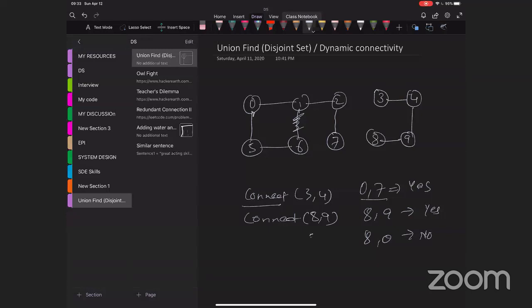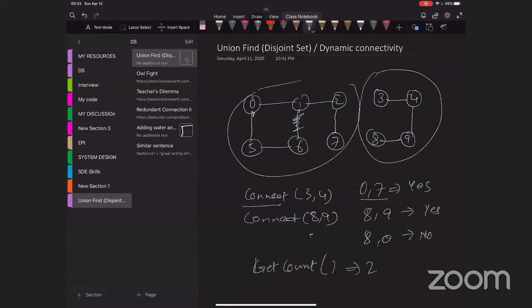So at this point, if I ask union find to get me the count, it can return 2, saying that I have 2 connected components. All right. So far with me? Yeah. Okay.